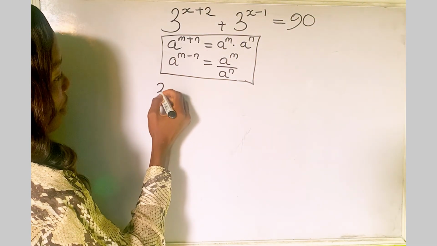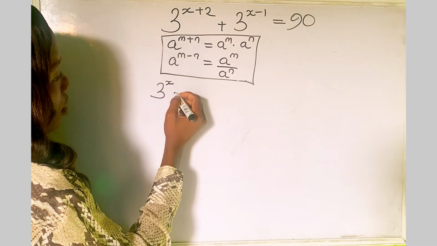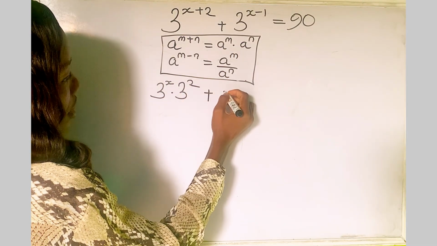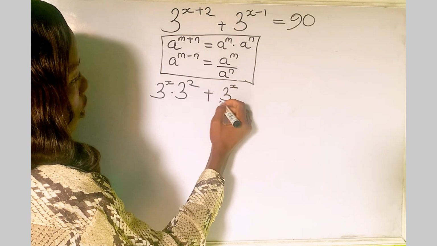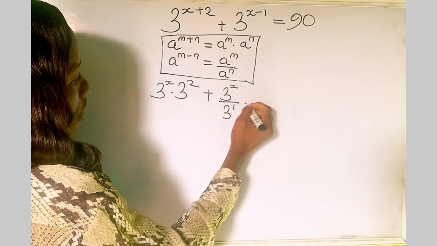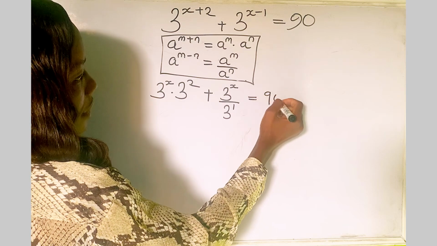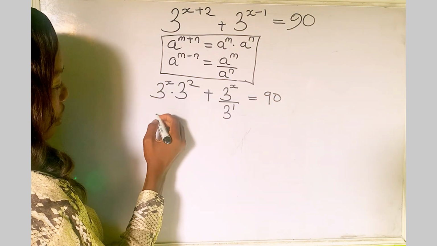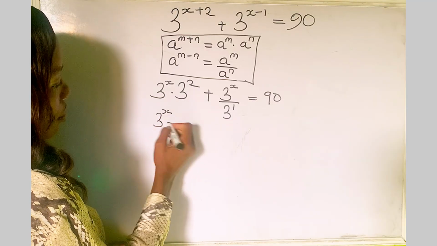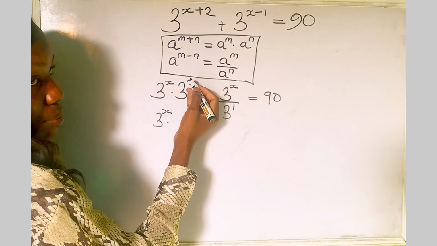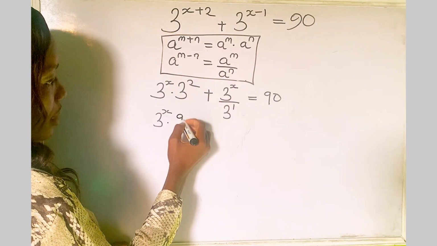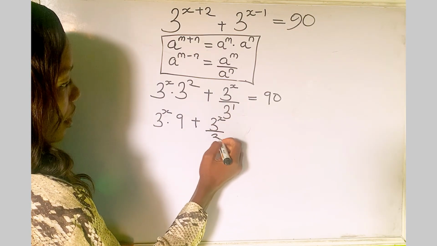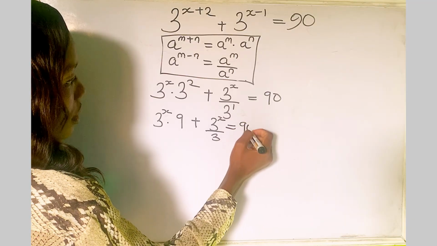Here, we now have 3 to the power of x multiplied by 3 to the power of 2, plus 3 to the power of x all over 3 to the power of 1, is equal to 90. Okay, now we have 3 to the power of x multiplied by 3 squared, which is 9, plus 3 to the power of x all over 3, is equal to 90.